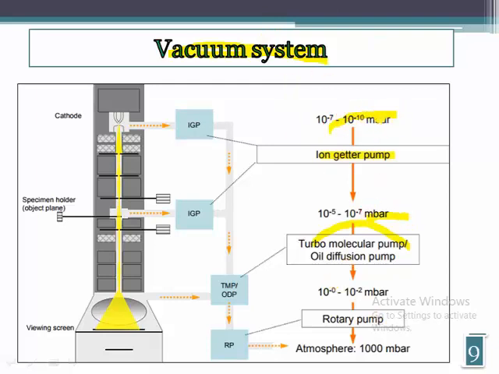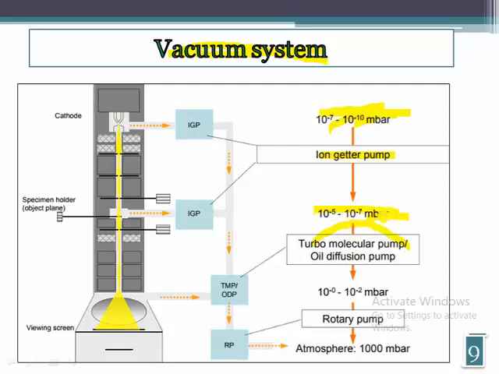Now in the first step, at this pressure we can reduce or prevent the oxidation or burning of the heated filament. And again at this stage, our specimen will work at a pressure of 10 raised to minus 5 to 10 raised to minus 7.